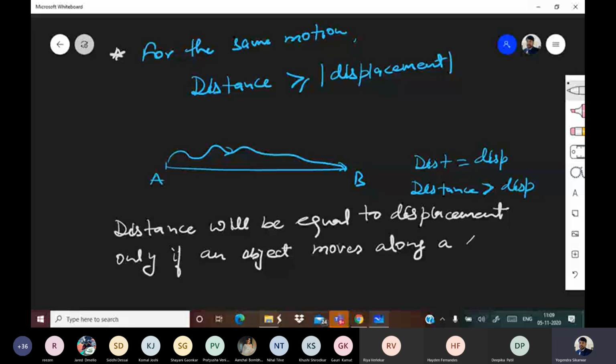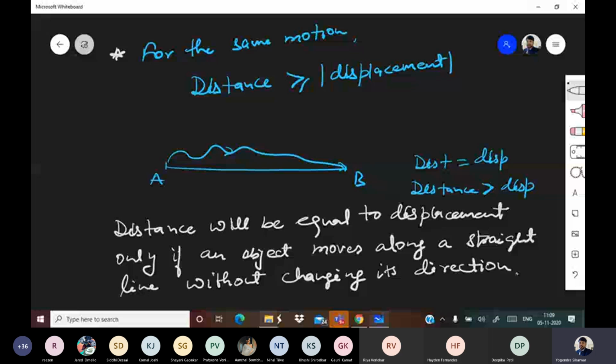Understood? So if the object keeps on going in a straight line in the same direction, distance equals displacement. If it returns back, then distance will be more and displacement will be less. Good. So these were the few important points.